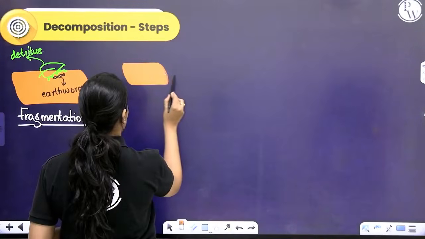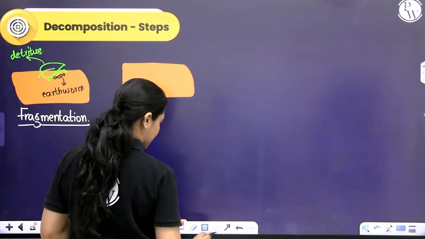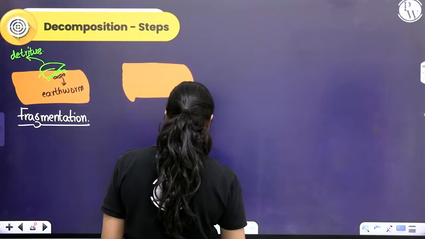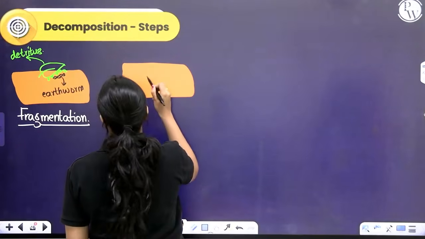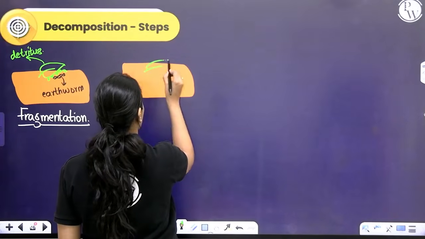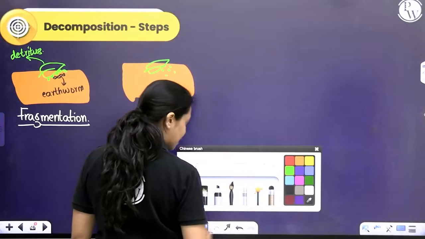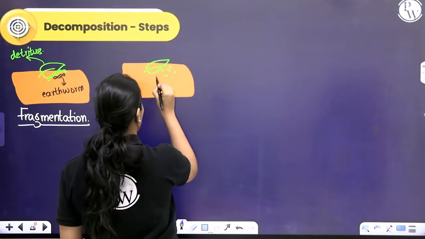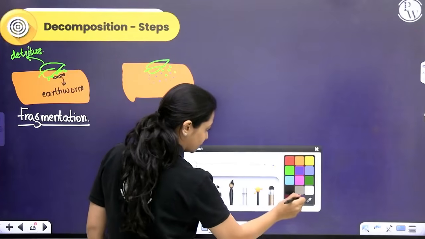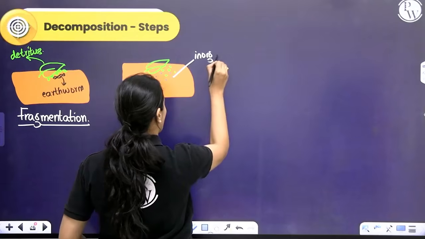Now, after fragmentation, let's say fragmentation has happened, there will be some inorganic nutrients released inside the soil. Inorganic nutrients that were part of the leaf.